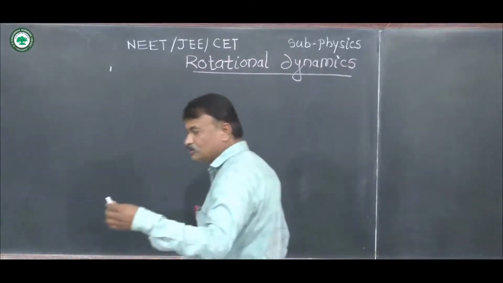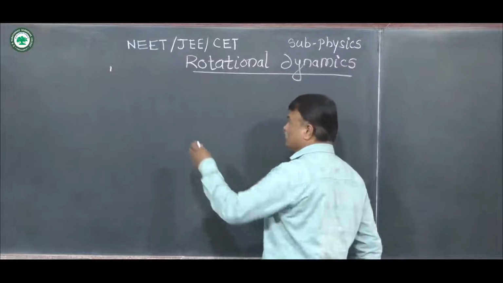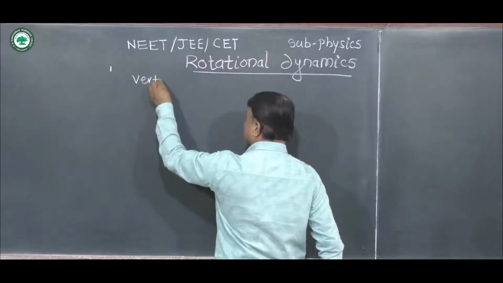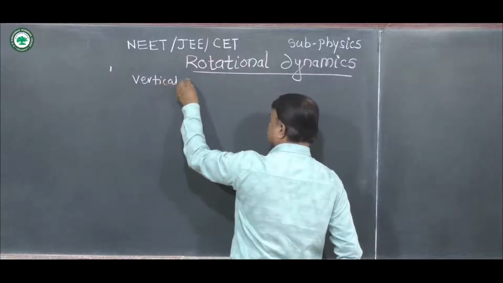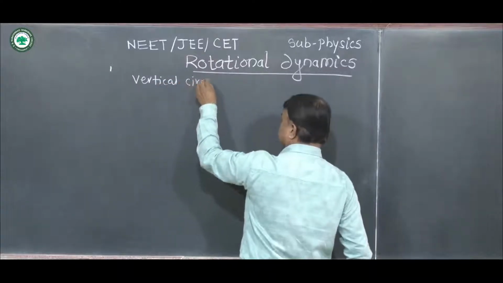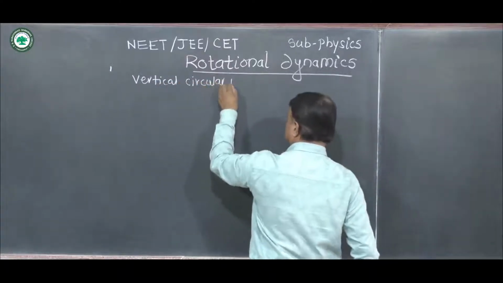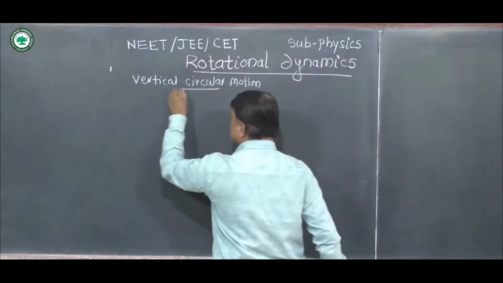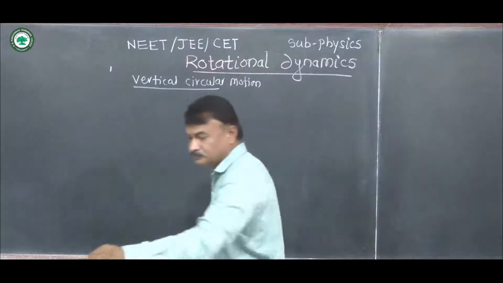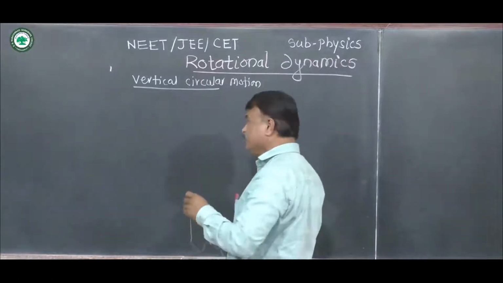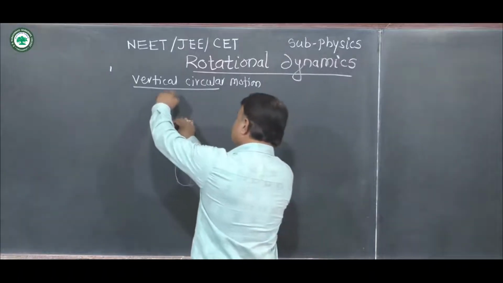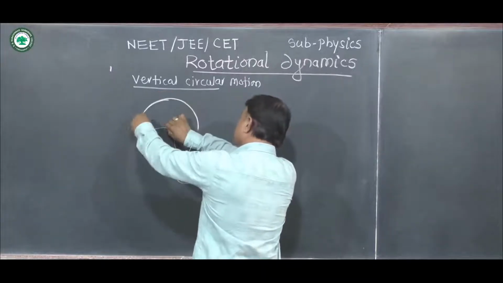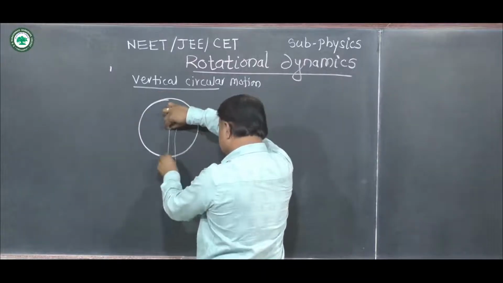So, for non-uniform circular motion, we consider here vertical circular motion. Now, in case of vertical circular motion, velocity or linear speed continuously goes on changing, and that's why it is called non-uniform circular motion.